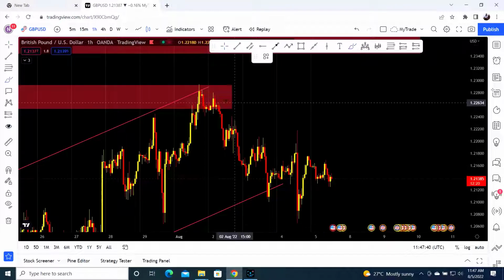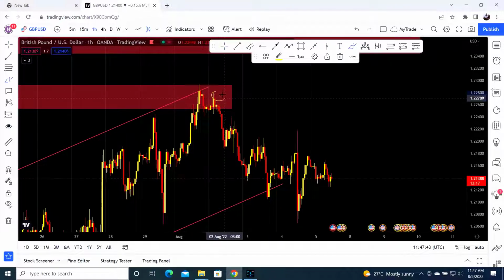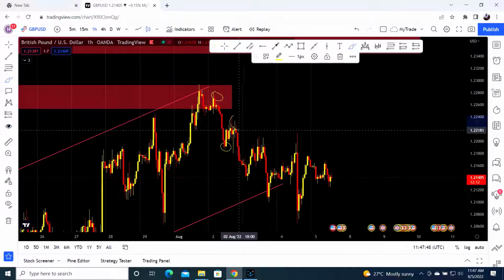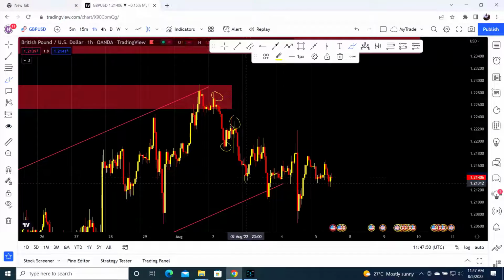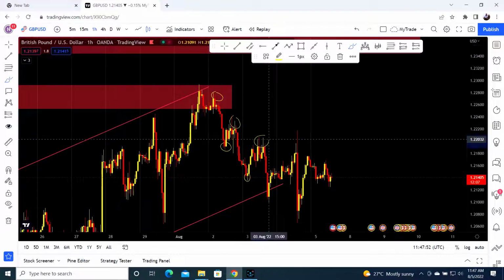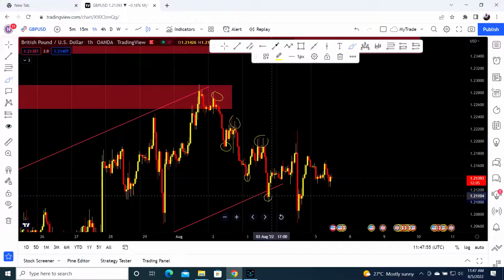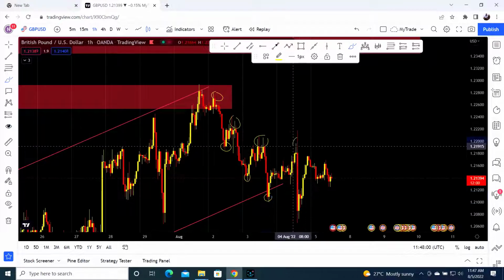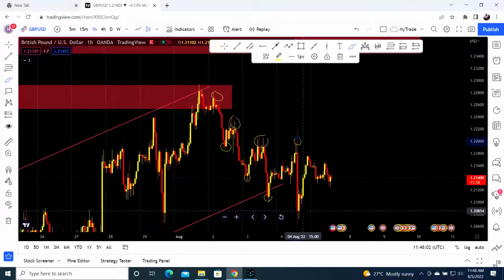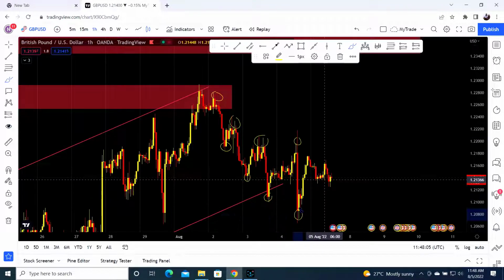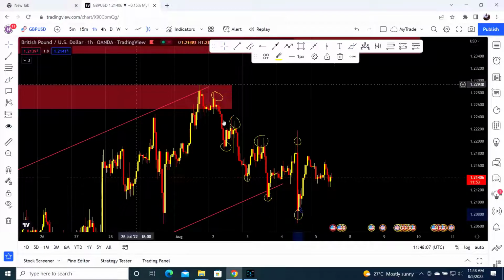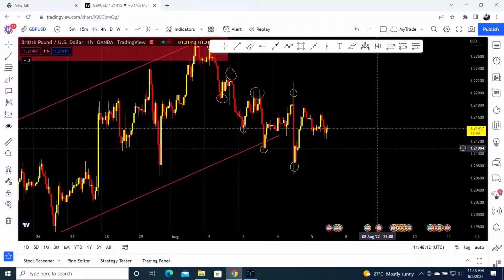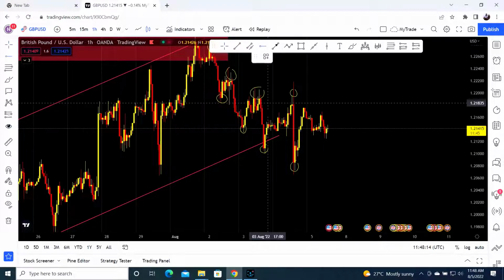Here is a lower high, then we have a lower low, a lower high, a lower low, a lower high, a lower low. Then this was the same lower high, because it was a double top, then a lower low. All right. So price keeps on breaking the low, meaning that we are in a downtrend.